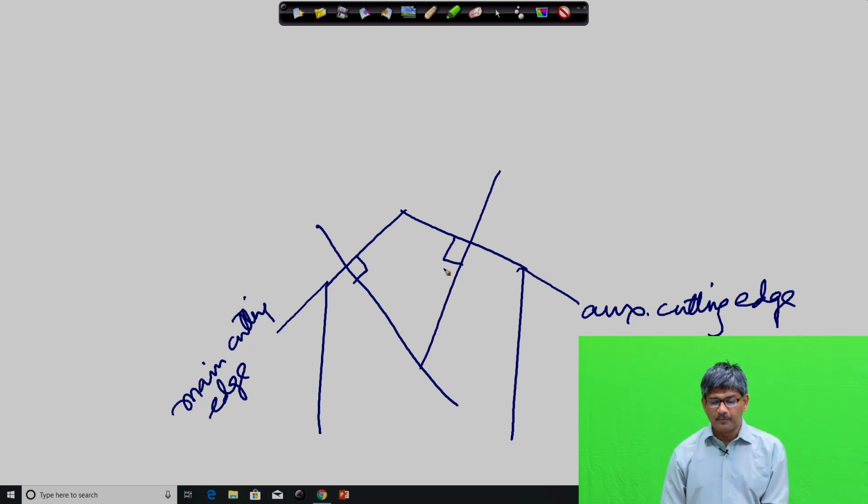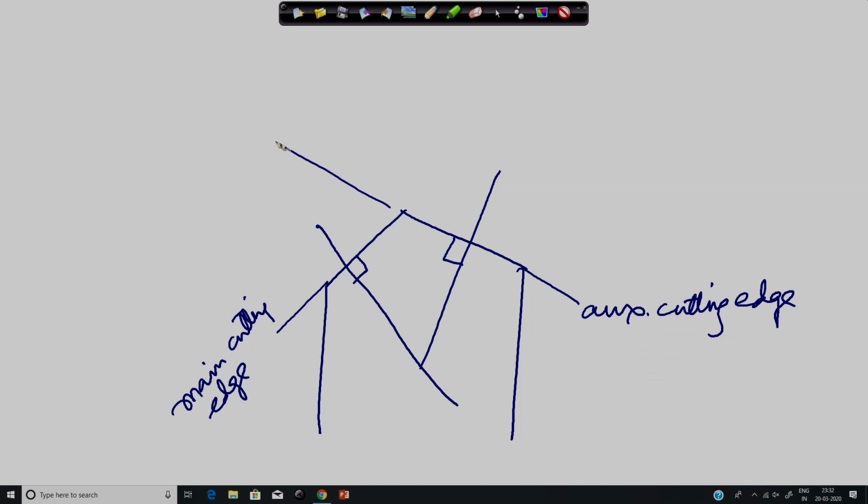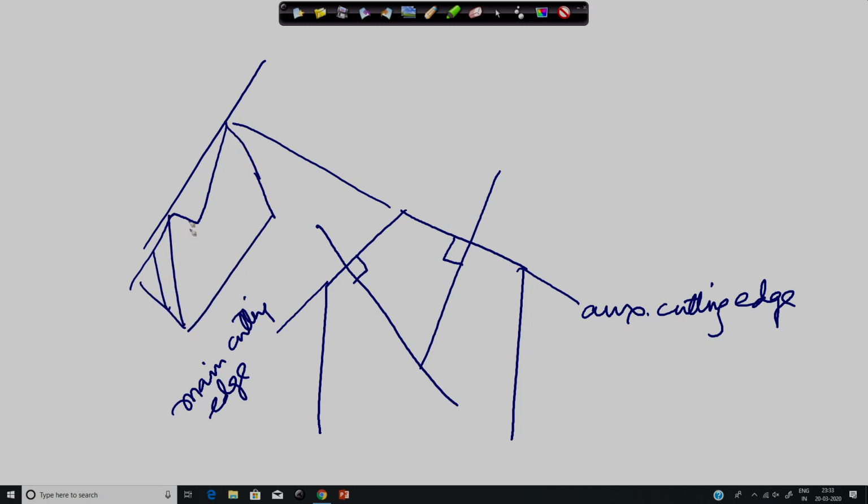If you take a perpendicular section of this, it will appear somewhere here perhaps. Take a section of this type and look at it here.